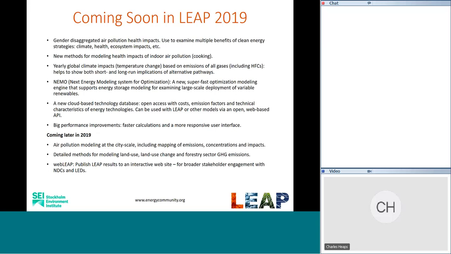Probably the most exciting one is that it will enable you to look at energy storage. Energy storage is something that LEAP could not do before, but it's really key for looking at large-scale deployment of wind and solar. You need to balance building wind and solar with energy storage so that you can manage the spikes in supply from the variable renewables. That will be a new capability of LEAP in 2019.